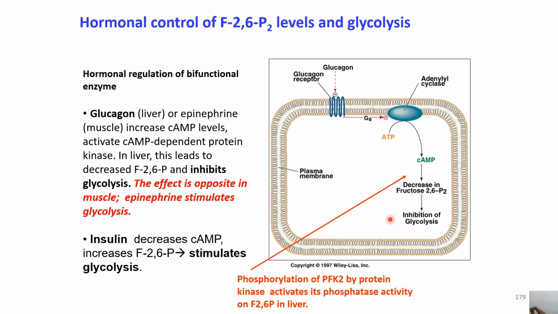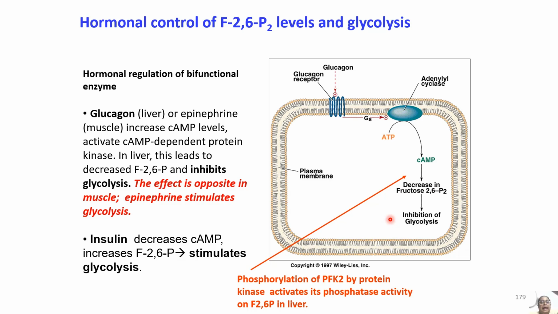What is the hormonal control of all of this? Glucagon, basically in liver, or epinephrine in muscle, can increase cyclic AMP, cyclic adenosine monophosphate levels.